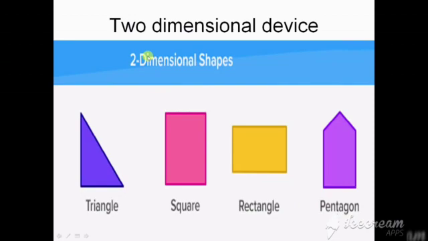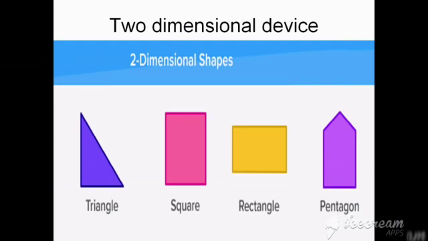Now let's see the two-dimensional device. What are the two-dimensional devices? A surface having two dimensions such as the length and width is called two-dimensional objects.